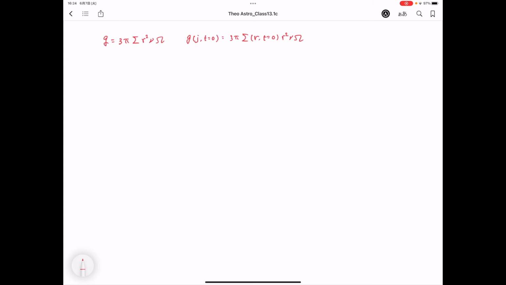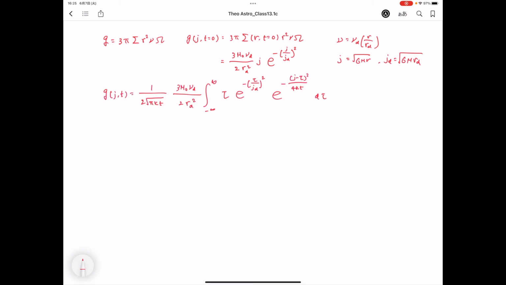Then you can substitute ν equal ν sub d r over r sub d, and J is the square root of GMr, J sub d is the square root of GM r sub d. The equation becomes, so we can express the initial condition for G. Then G(J, t) is calculated. Then we perform these integrals, and I show only the final solution.